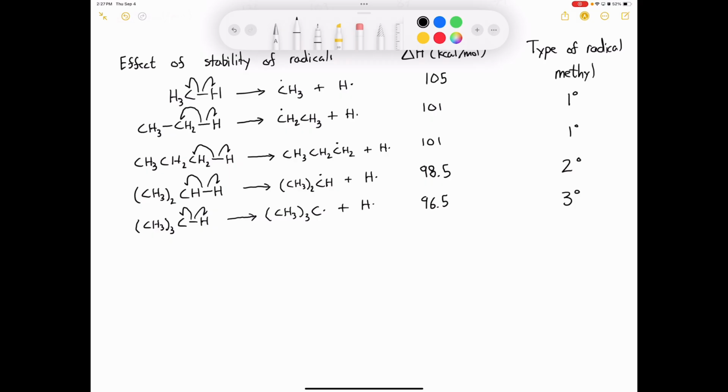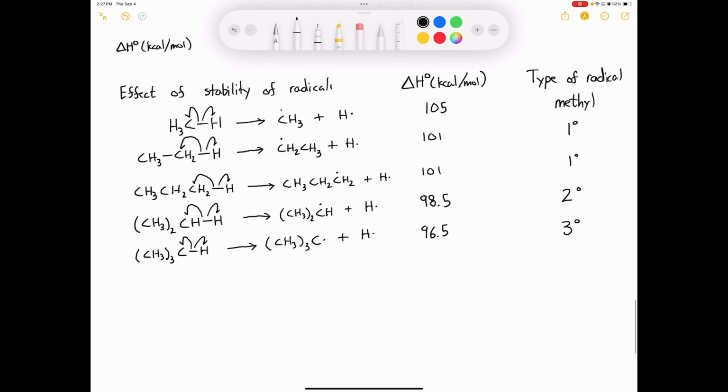So what we can say here is that the less energy that's released, that means the radical here is the most stable. Okay. And the more energy you have to put in, that means the radical is the most unstable because you had to put that much energy to get to that state. Okay.